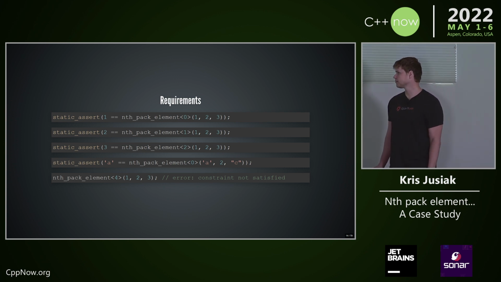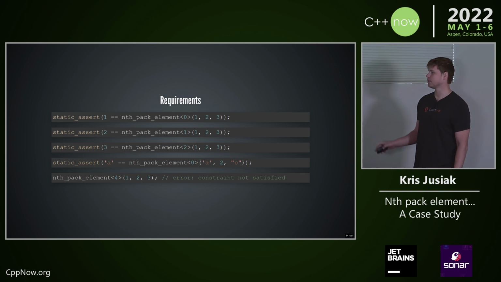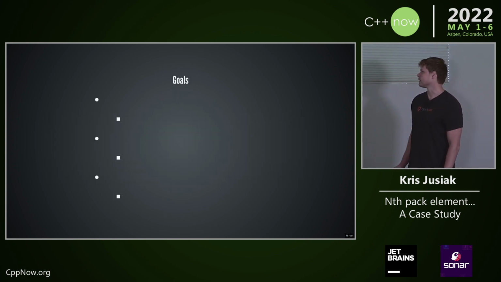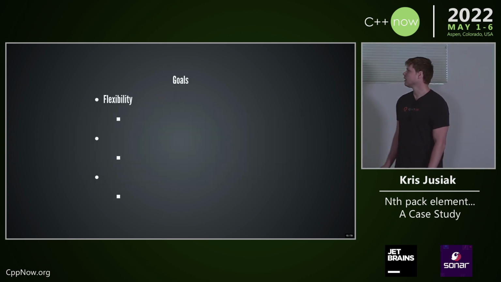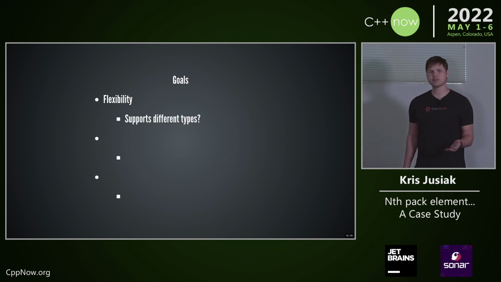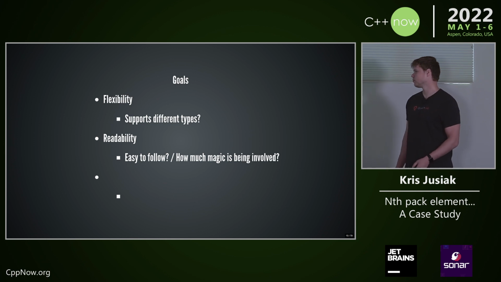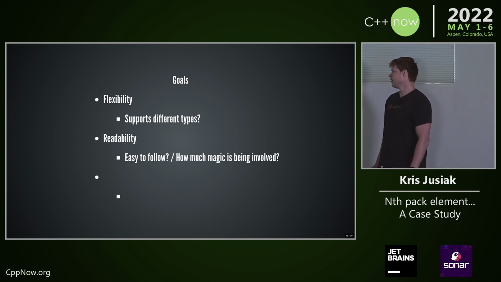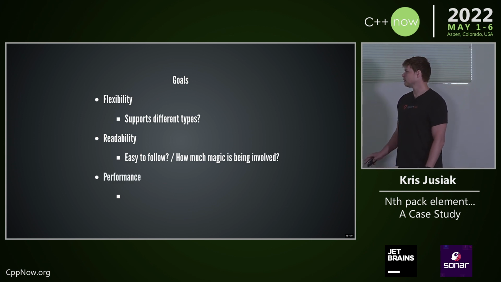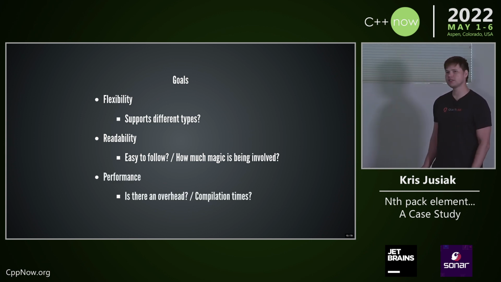Preferably, we would have a concept check or something like that, but we'll see. So those are the goals. Flexibility: we would like to support different types. Readability: it should be easy to follow, though we will see a lot of template magic, sorry. And performance: is there an overhead?